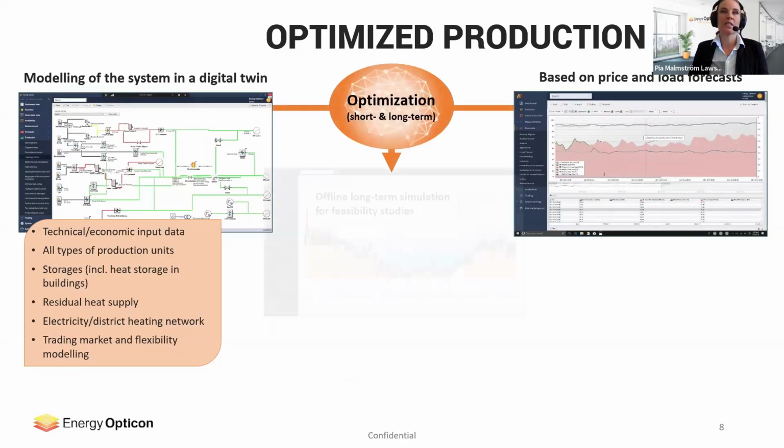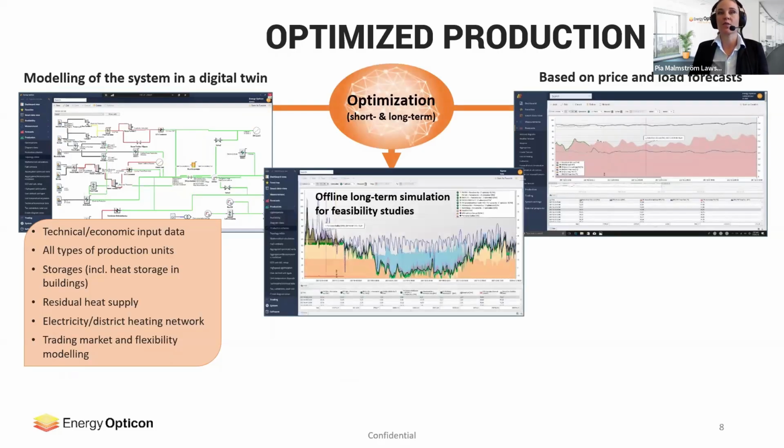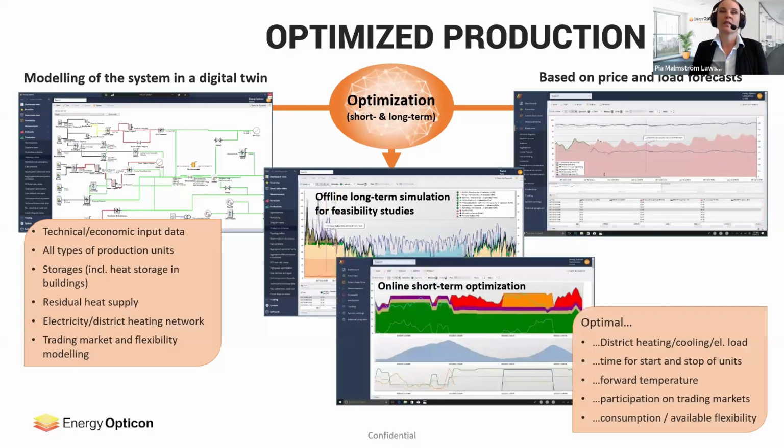Then you run the optimizations, and first you can do feasibility studies to see if there is a potential gain for this type of flexibility, and then you get production plans for the daily operation, where the flexibility is shown also as an additional unit, so to speak.